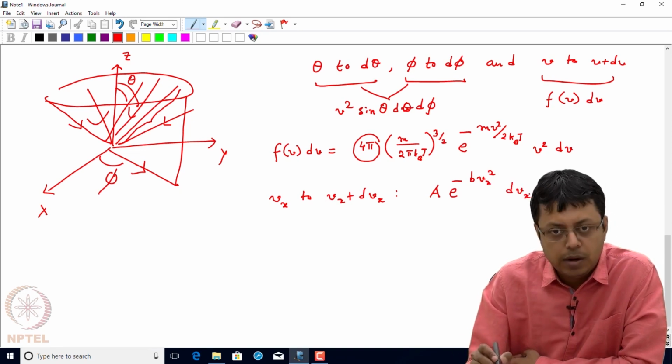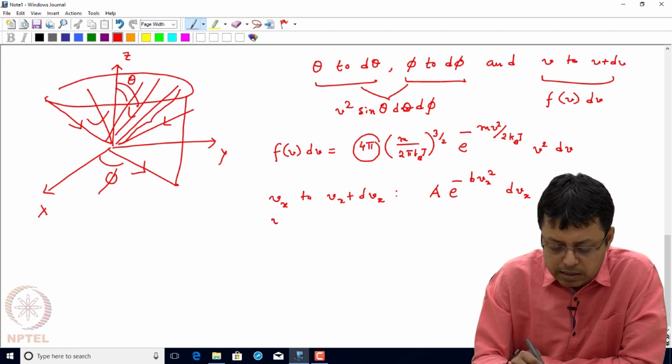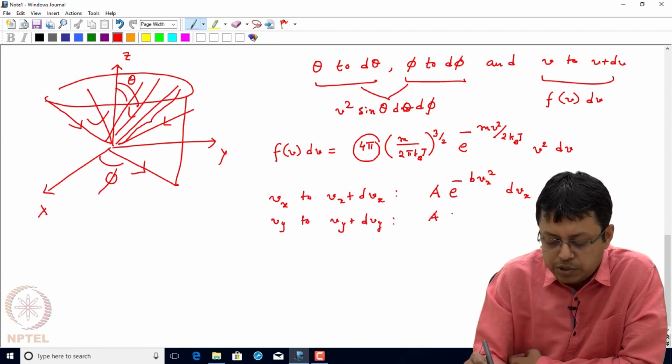Then we consider the isotropic nature of the gas molecules, and say that the y distribution will also be something like this, and similarly for the z distribution.